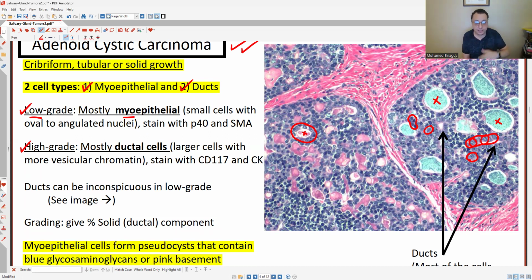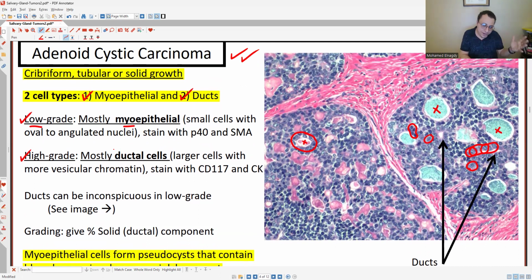The ductal cell is predominant in high grade. However, in the boards they won't ask you whether this is low grade or high grade, honestly. It will just need that you hit the diagnosis of adenoid cystic carcinoma. They will ask you about the molecular mutation or something of this kind. They would never ask you whether this is low grade or high grade adenoid cystic carcinoma.